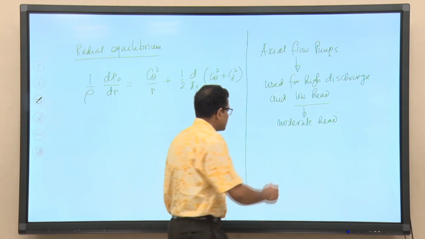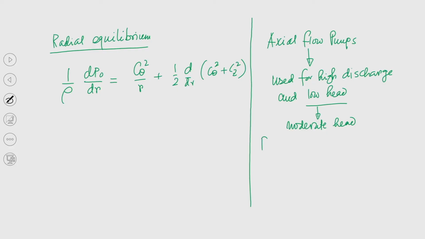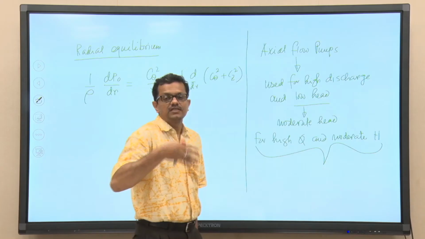So, for high Q and moderate H, what do we need to do? We need to go for staging.